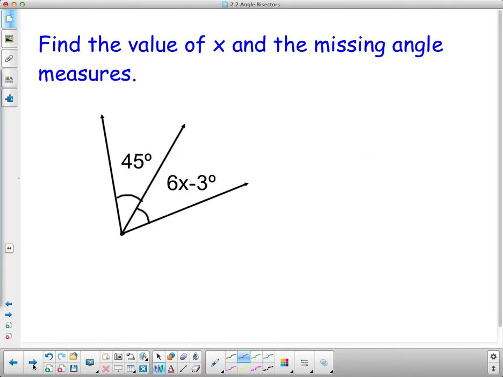Let's try another one. I guess this one's got the number again. I'm going to keep the difficult ones. Find the value of x, find the missing angles.